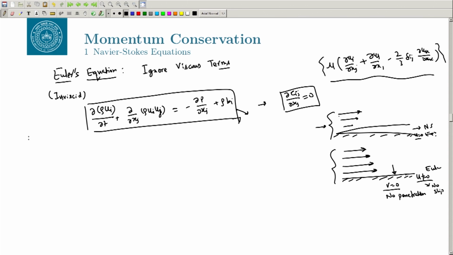So, now that we have the Euler equation, we can further simplify it. Let us write it for 1D flow, okay, and let us say that the flow is steady, then the d by dt term goes to 0, and then body forces are negligible.